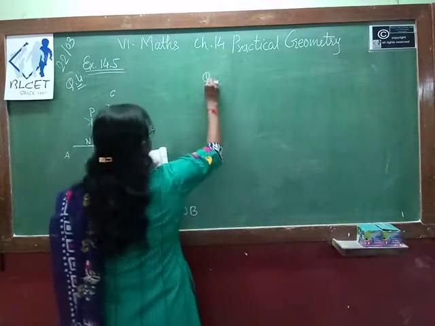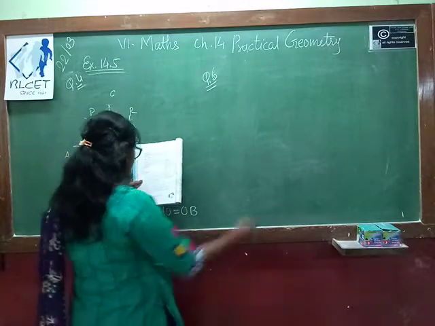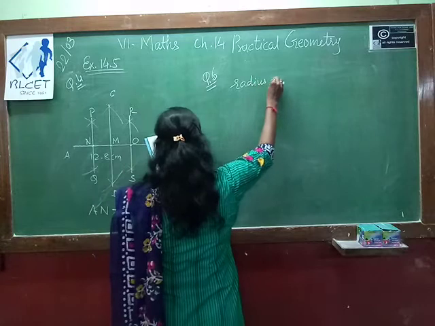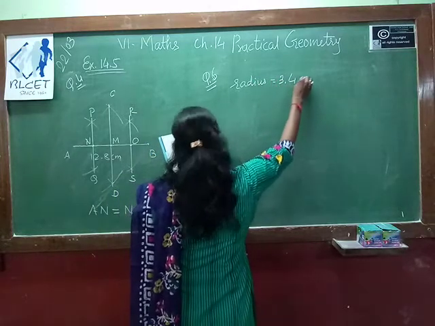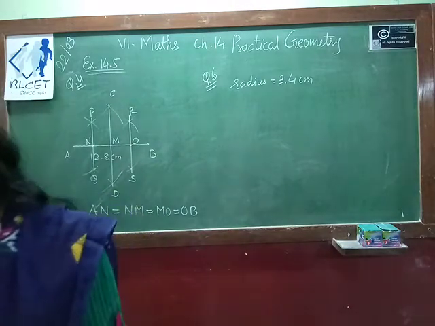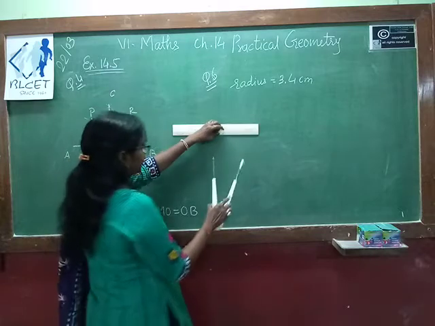So in question number 6, what is given? We have to draw a circle with center C and radius equal to 3.4 centimeter. So let's see. First draw the circle. How will you take the 3.4? Take your ruler.